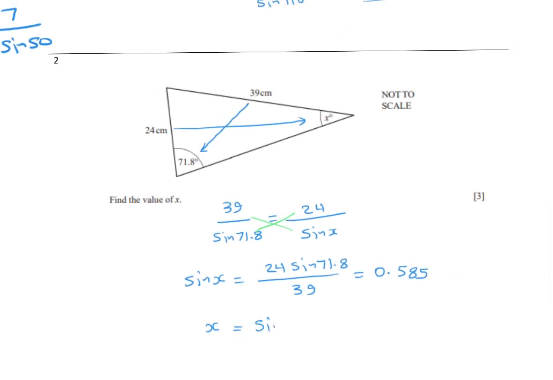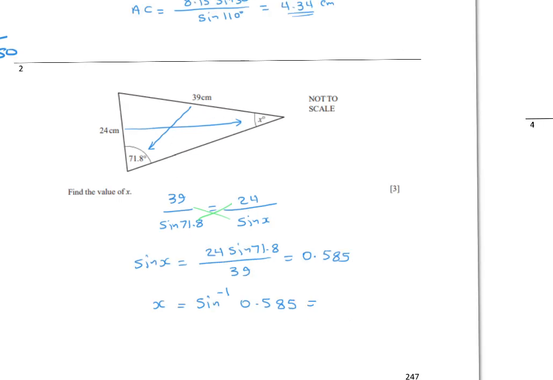Sine inverse. Yes, sine inverse of 0.585. So you can use sine inverse, shift sine 0.585. So 35.8 to the nearest one decimal place, 35.8 degrees.